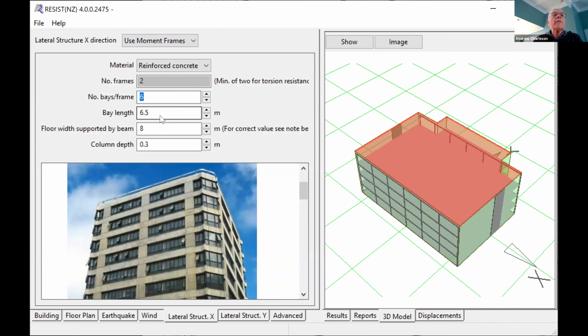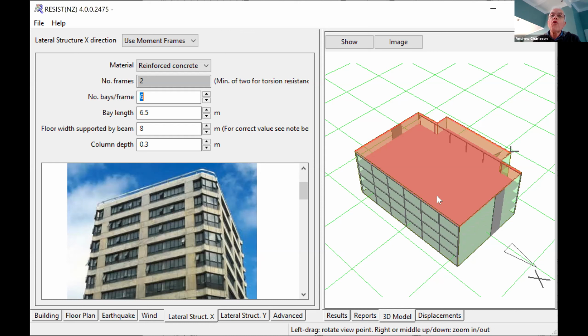Now I'm asked, what is the floor width supported by the beam? See these beams on this line, they are supporting some of this floor here. Like here you'll have more columns and beams supporting the floors of the clinic. Say there's another beam and column here somewhere, about 8 meters away.